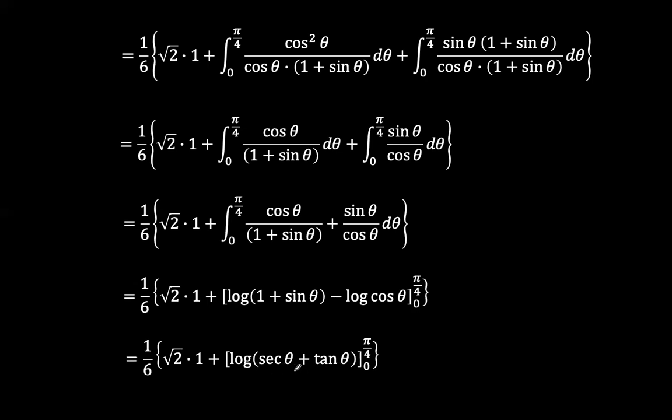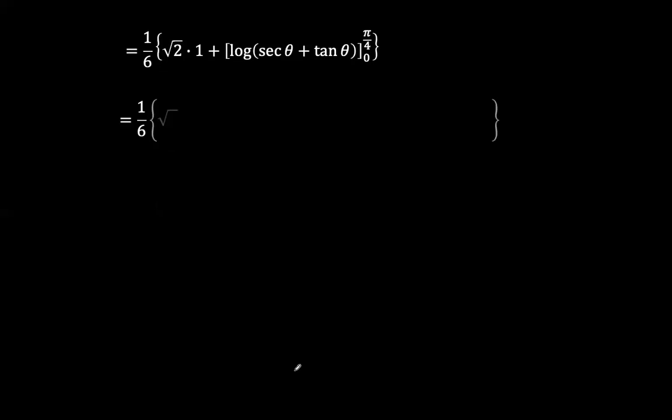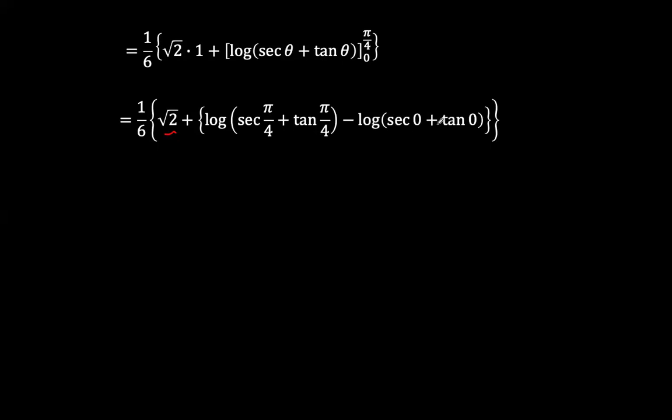And applying in the limits, we have obviously our root 2 there, and then natural log of sec pi over 4 plus tan pi over 4 minus natural log of sec 0 plus tan 0. So this one here is 0, this here is 1, and this one here is 1, and here is root 2. Okay.